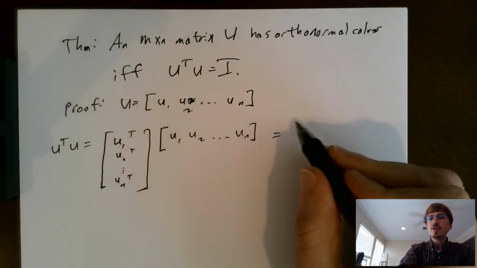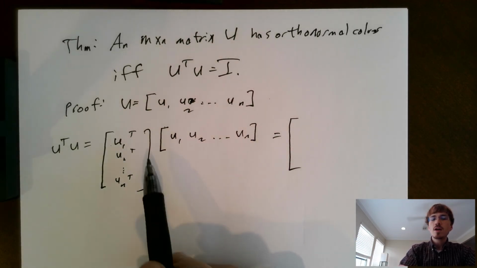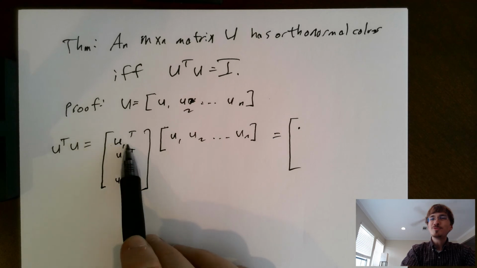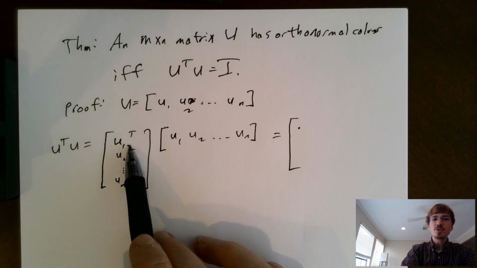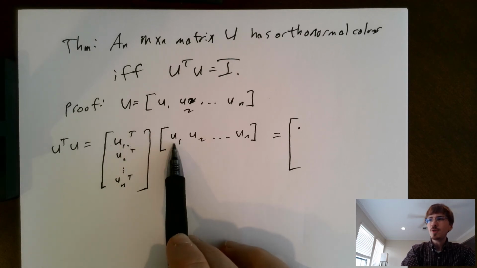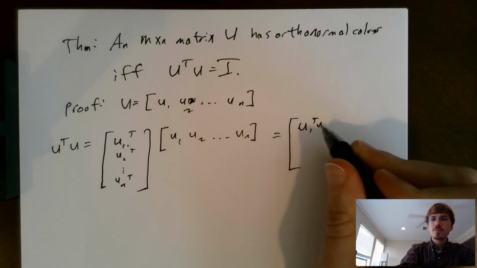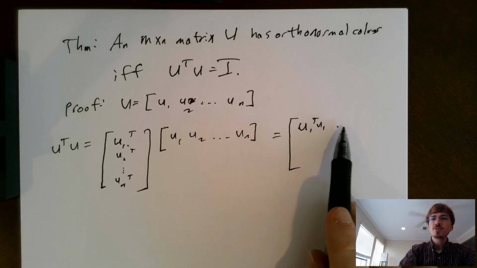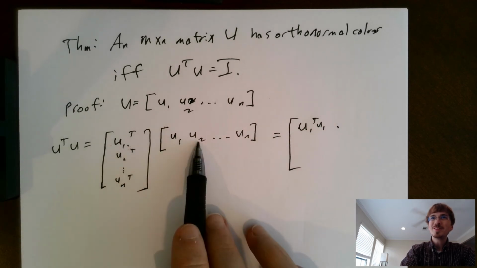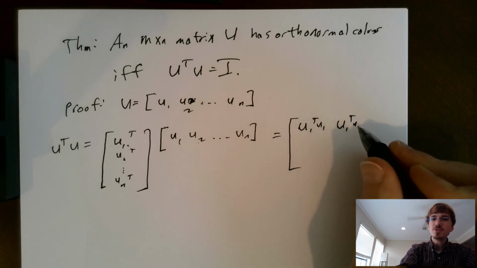And let's see what we get here. I know that for the 1,1 entry, I'm going to multiply the first row of U transpose by the first column of U. And what is this? So it's U1 transpose times U1 for this entry. In the first row, second column, I multiply the first row by the second column, and we get U1 transpose times U2.